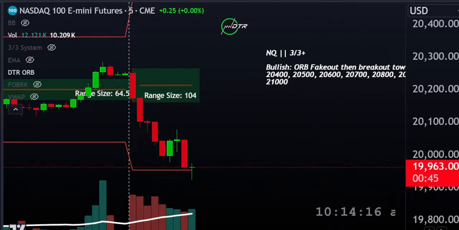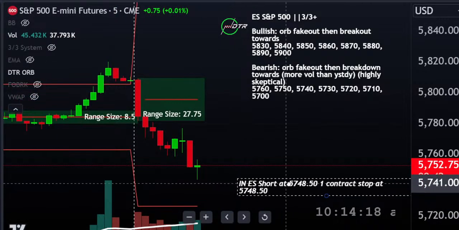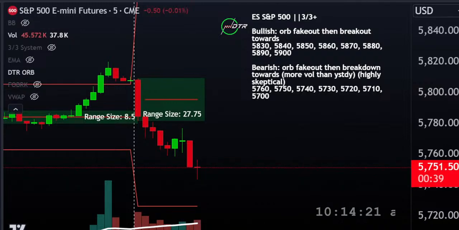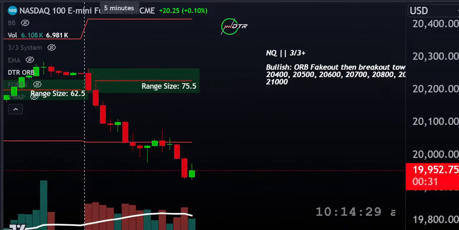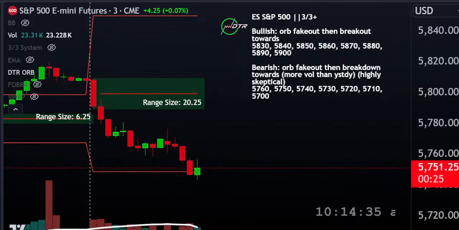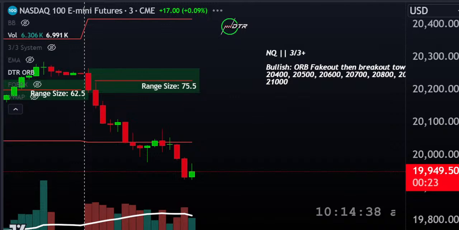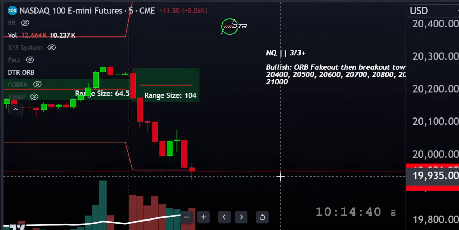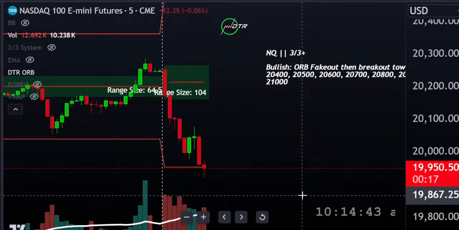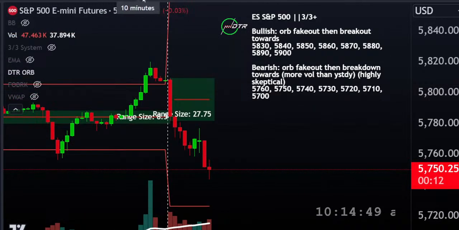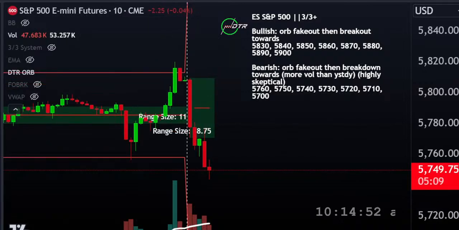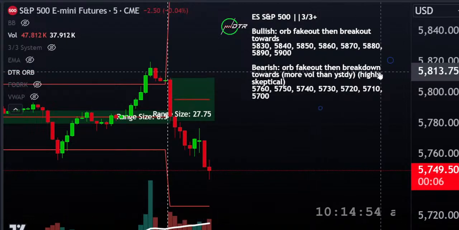So again, now we have possible scenarios here for a reversal setup. We've seen our bear case fail twice. I think maybe just a little bit unlucky there.